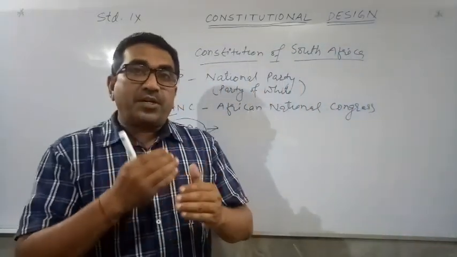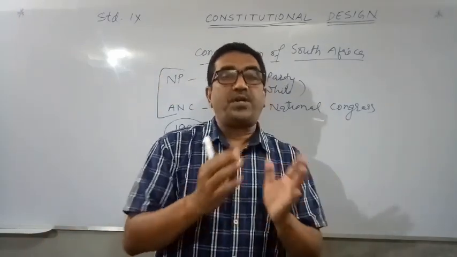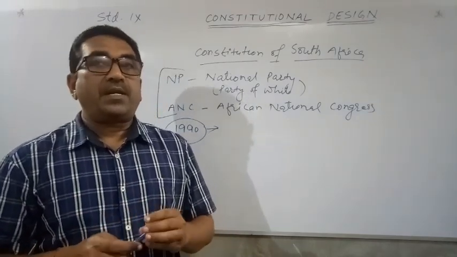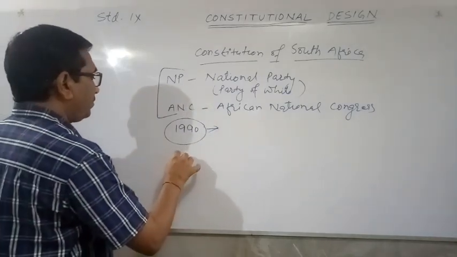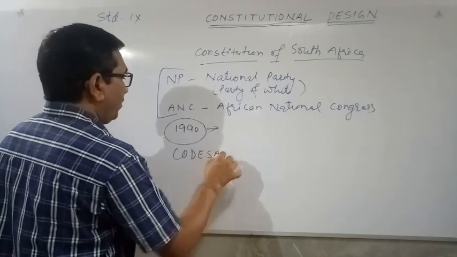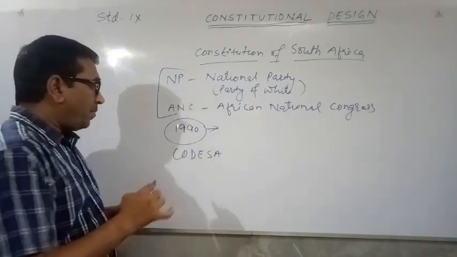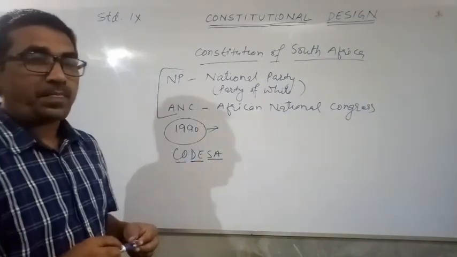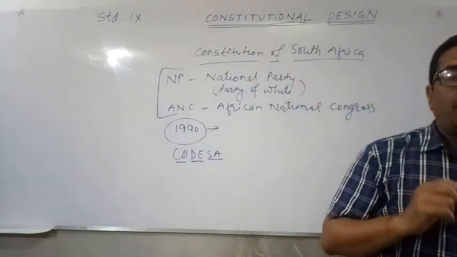Then they started conversations and negotiations among the different political parties. The first negotiation was the formation of CODESA, the Convention for a Democratic South Africa.